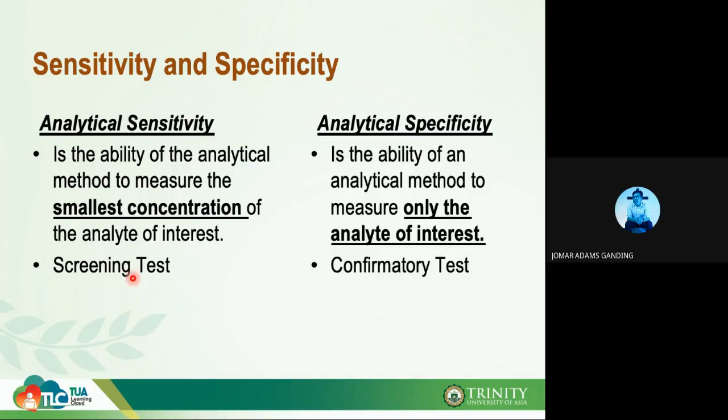On the other hand, analytical specificity is when the test should only measure the analyte of interest. Take for example, there are a lot of coronaviruses. If I want to confirm the test, what would I use? Your RT-PCR. Your RT-PCR is considered a confirmatory test because among all of the tests, it has the highest specificity. What do we mean by high specificity?